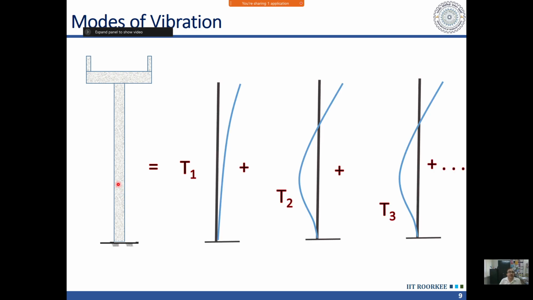So we know that any single pier we have, or any structure for that matter, not only the bridge structure, other structures as well, can be represented by different modes, or this structure can vibrate in some natural modes, or the response of this structure we can consider as a combination of its response in different natural modes. These natural modes are such that all the mass points on the structure are vibrating with the same frequency, and we are familiar with this mode shape.